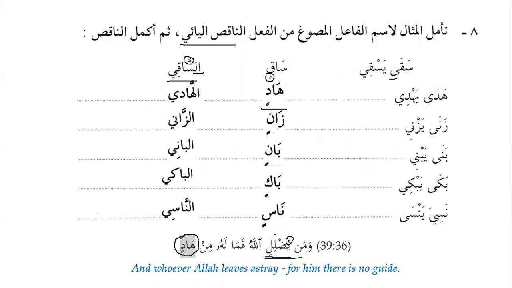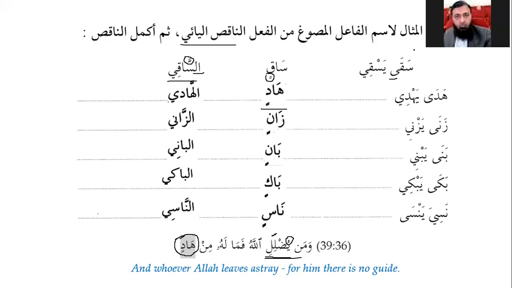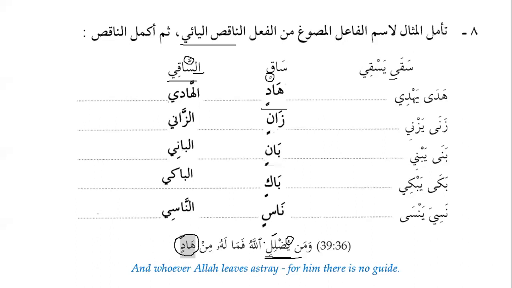If we have fatha, then we will say that it is majhul. And if we don't have fatha over there, that means this is the original form of ma'lum. وَمَن يُضْلِلِ اللَّهُ فَمَا لَهُ مِنْ هَادٍ, and whoever Allah leaves astray, for him there is no guide.